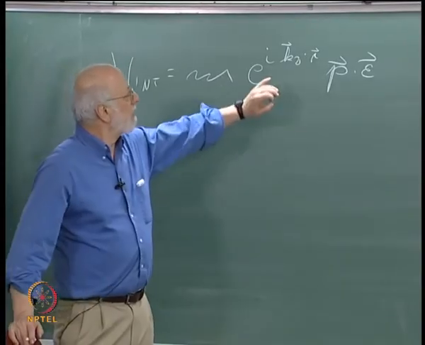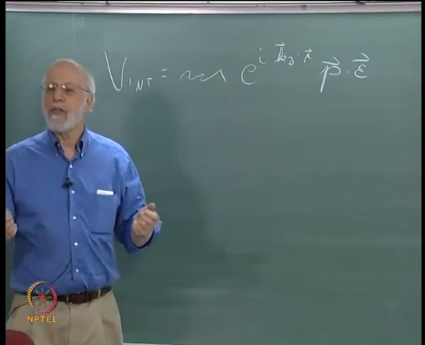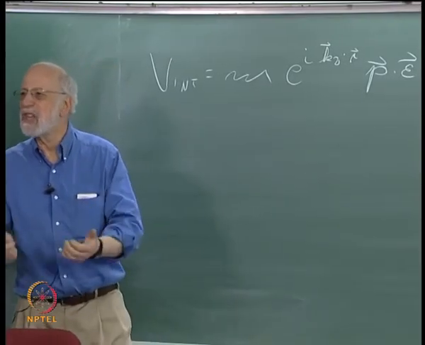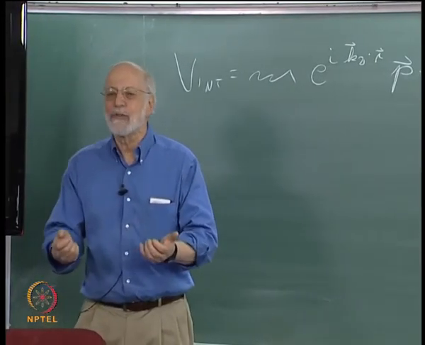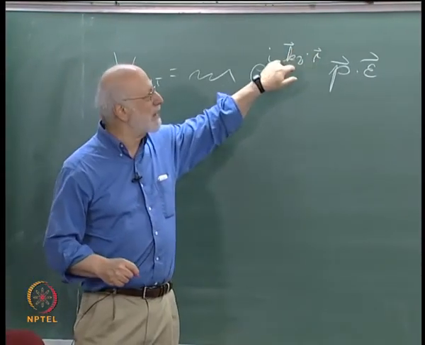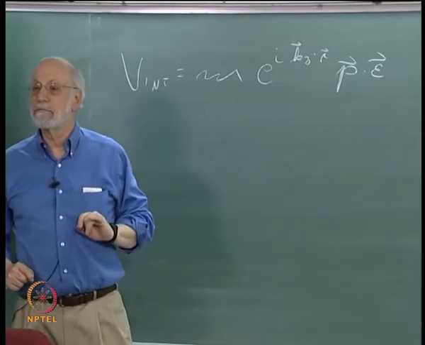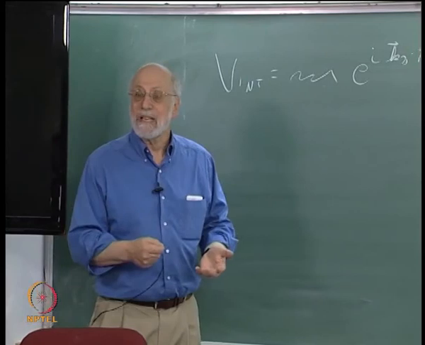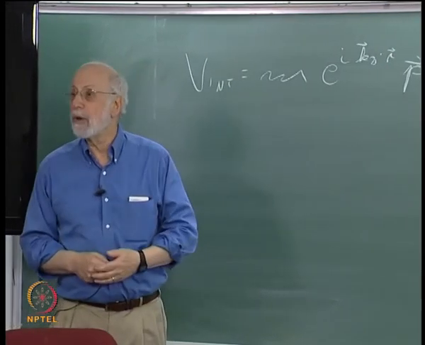If the wave number of the light is small enough, that is, if the photon energy is low enough, then for the typical size of an atom, k dot r is a small number. Now, what do we have when we have e to a very small exponent?